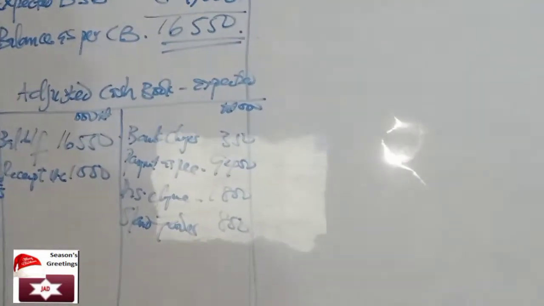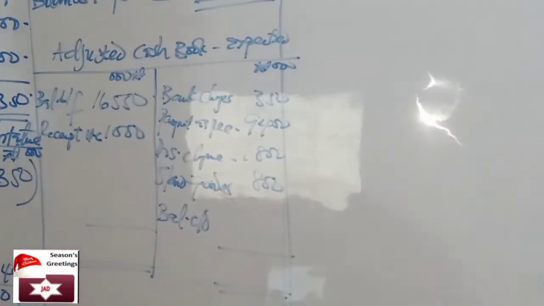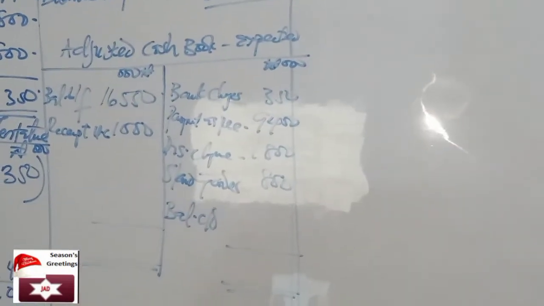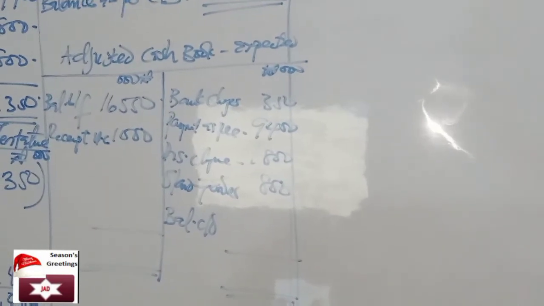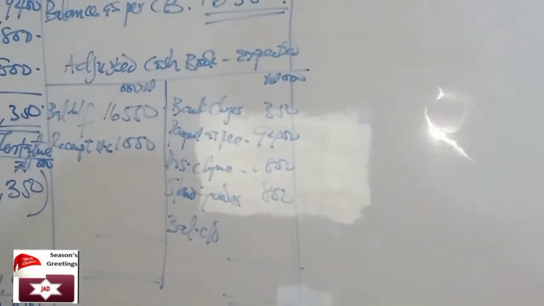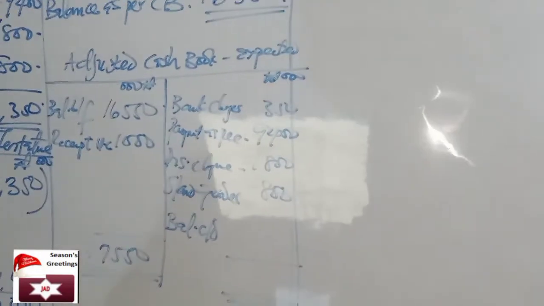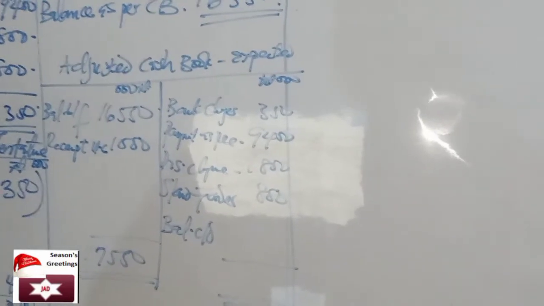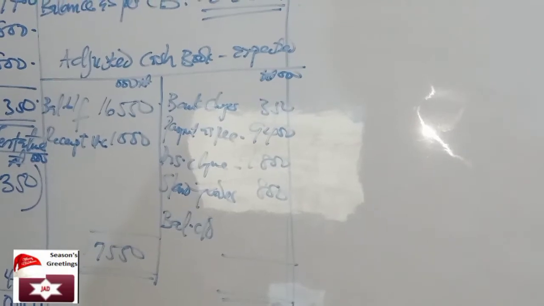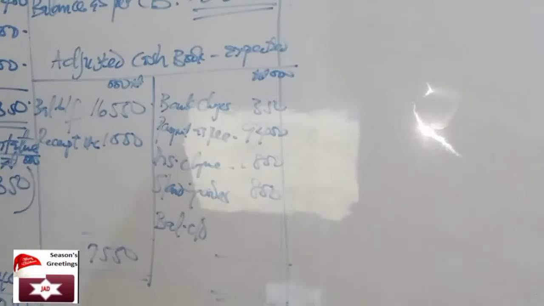So let us now have our balance carried down, which is the real thing we're looking for. 16,550 plus 1,000 is 17,550, minus 350, minus 9,400, minus 1,800, minus 800.